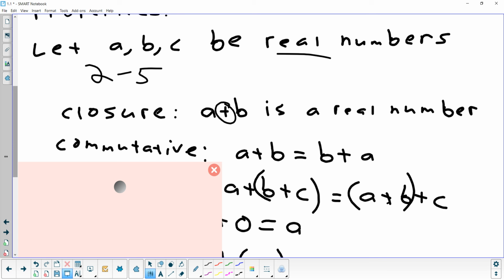Anybody remember what this property is called? You usually study it with commutative at the same time. I'll give you a hint. Remember, these are grouping symbols. And if you think of the B and the C, they're grouped together.